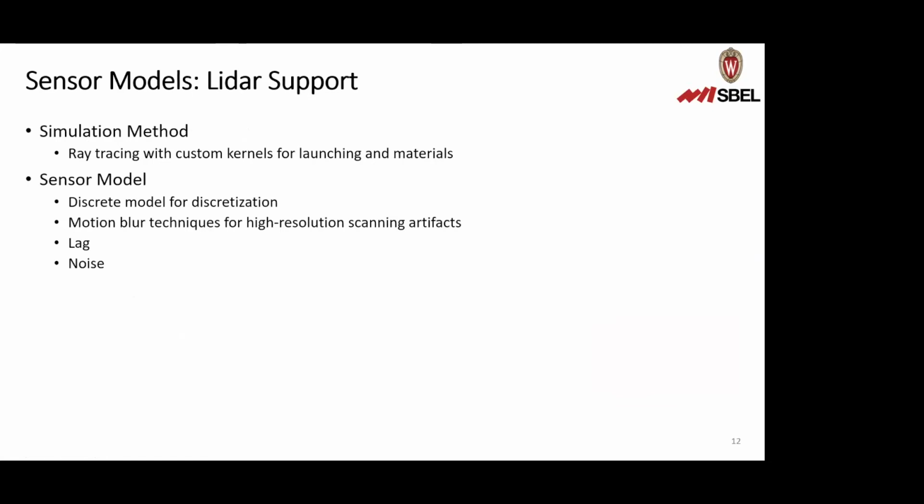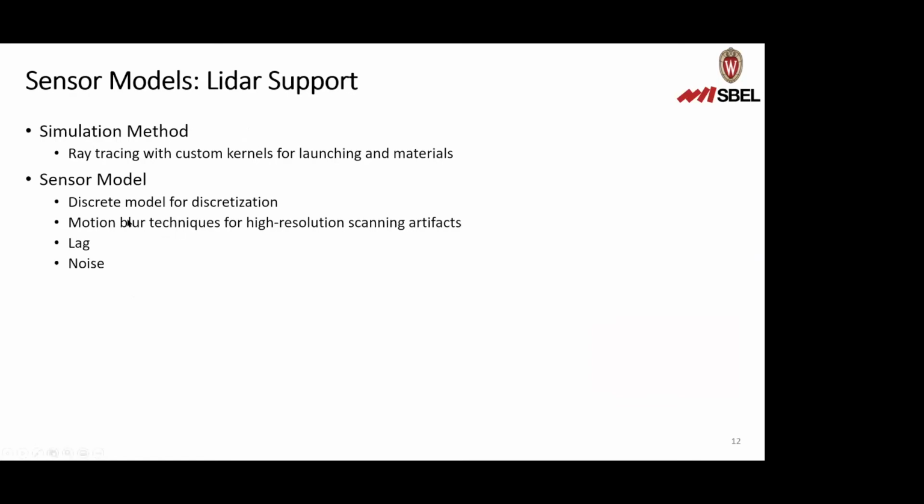On the LiDAR side, this is, along with camera, probably the most popular or common sensor for perception on autonomous vehicles. And again, we use a ray tracing method because this fundamentally mimics how a LiDAR operates.